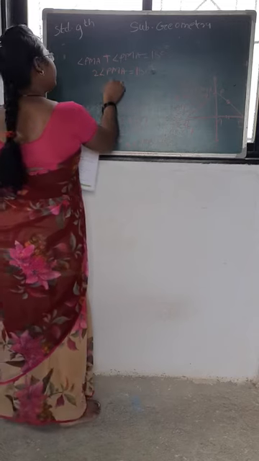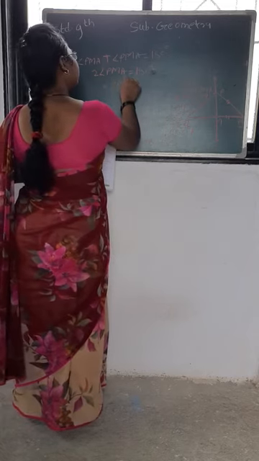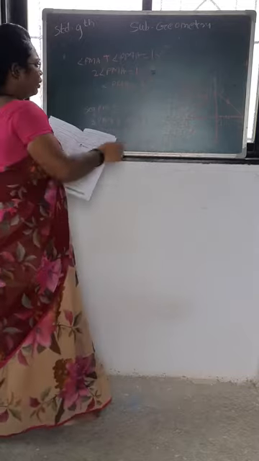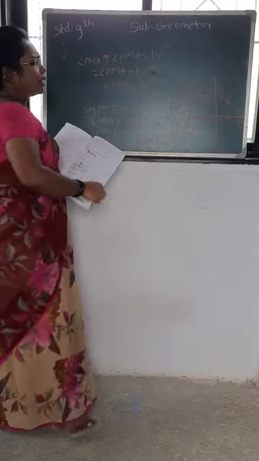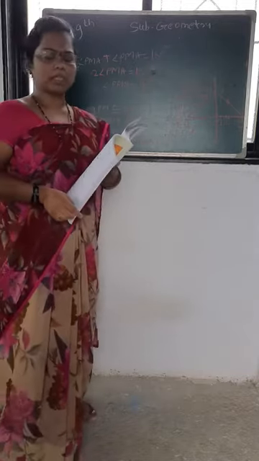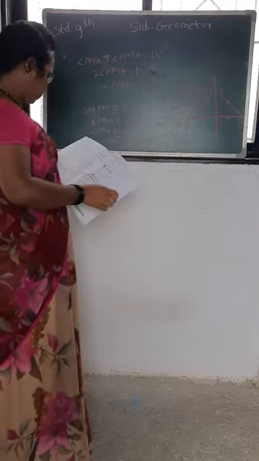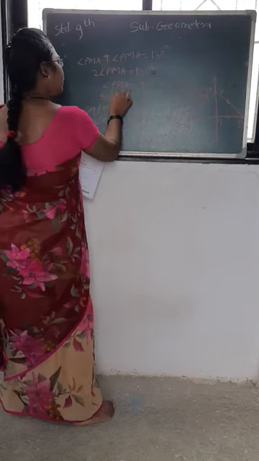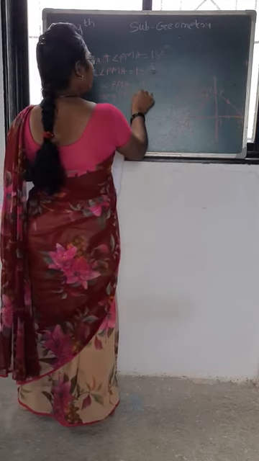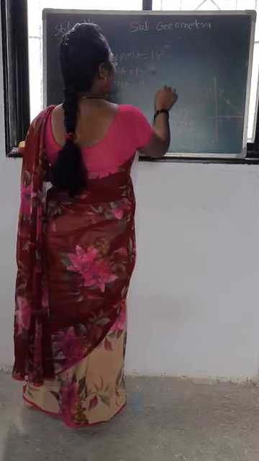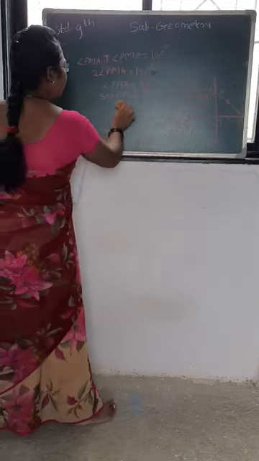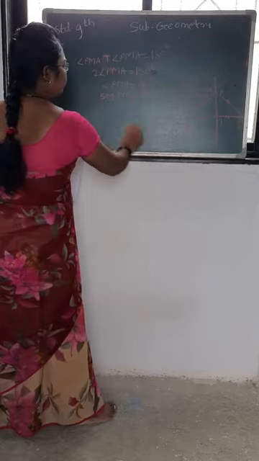Therefore angle PMA is equal to 90 degree. Therefore segment PM is perpendicular to segment AB. Equation number 1.